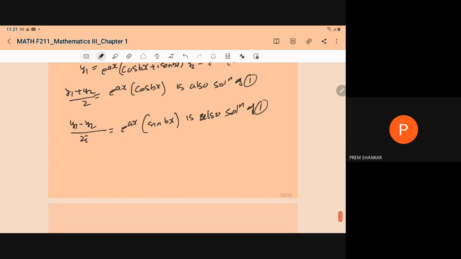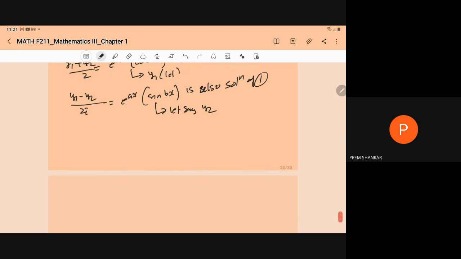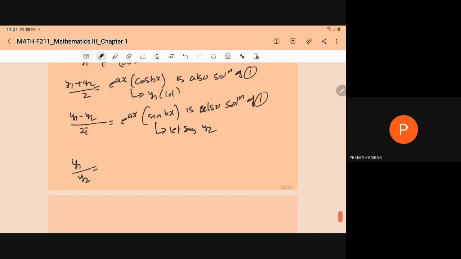So let's say now this is y1, and this is y2. Now if you check y1 upon y2, what will you get? e to power ax cos bx upon e to power ax sin bx.